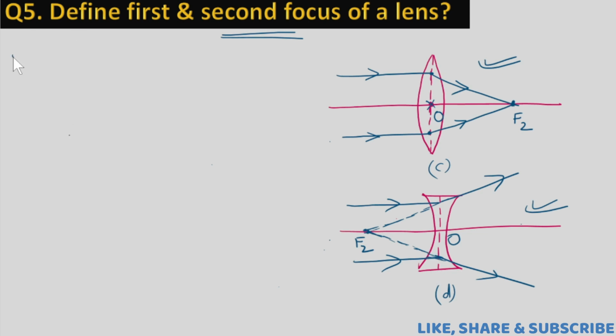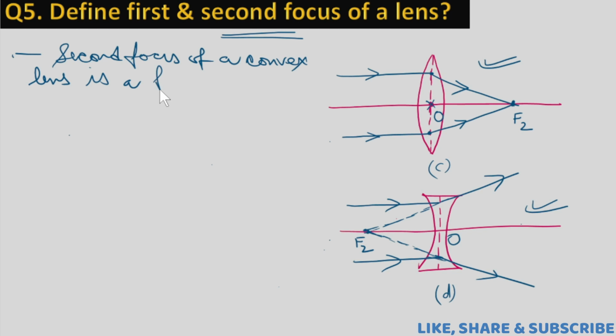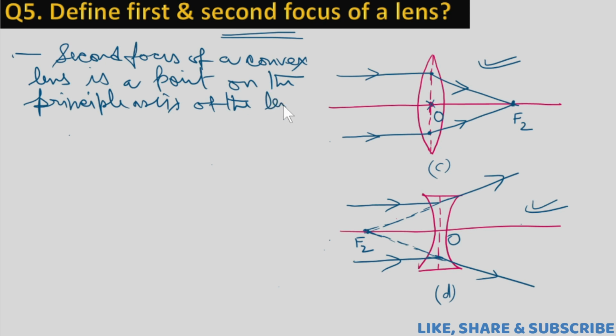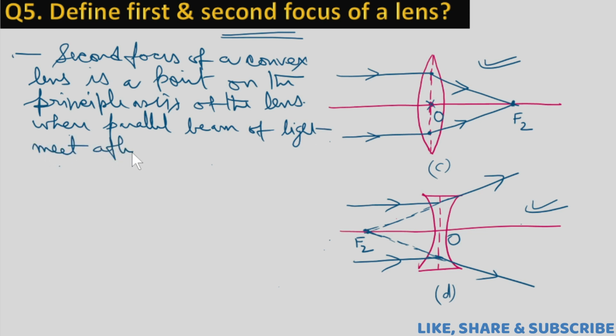So let's write it. Second focus of a convex lens is a point on the principal axis of the lens where a parallel beam of light meets after refraction.